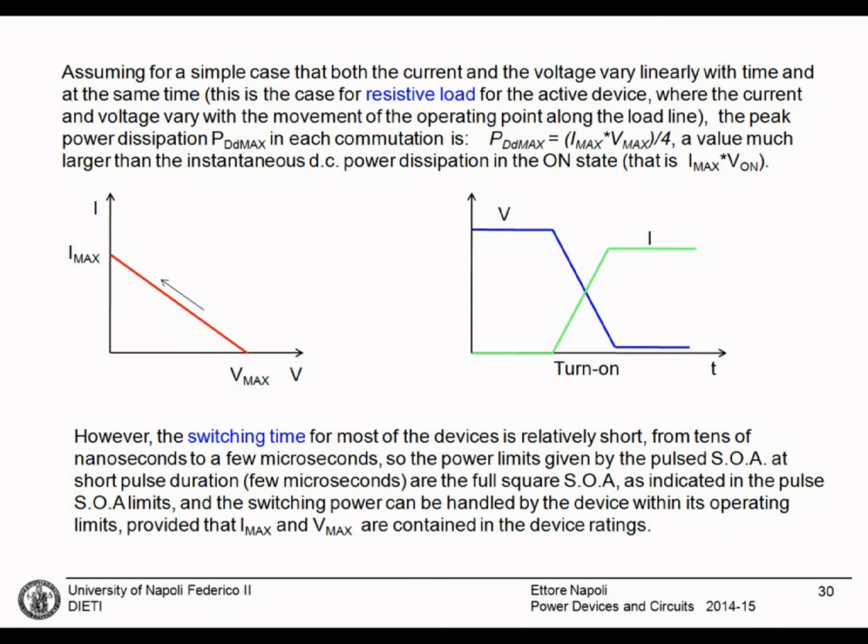This means that we cannot write a linear relation between voltage and current on the device. And it is also not true that, for example, in this turn-on phase, while the voltage is decreasing, the current is increasing. In the inductive load case, these two waveforms are less related.